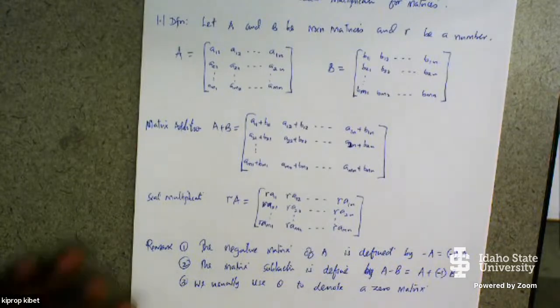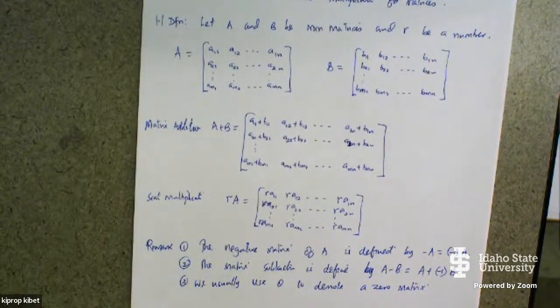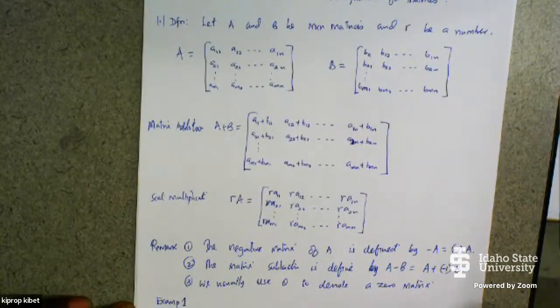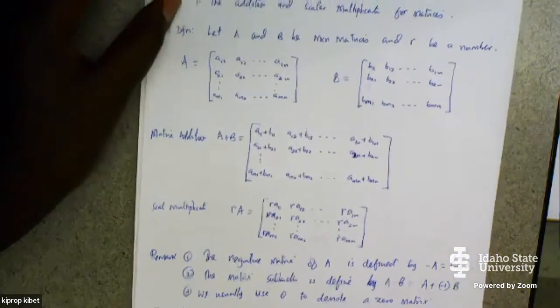Okay. Now let's look at the examples on how to add the matrices and multiply by the scalar, which is very simple. So example number one.